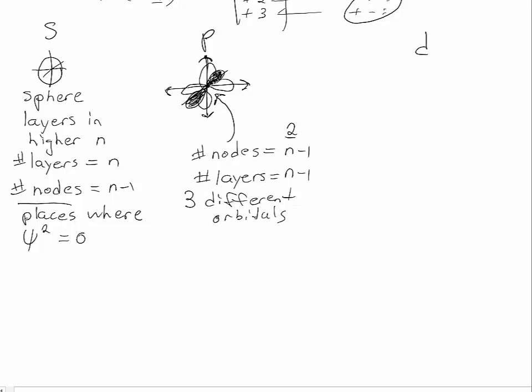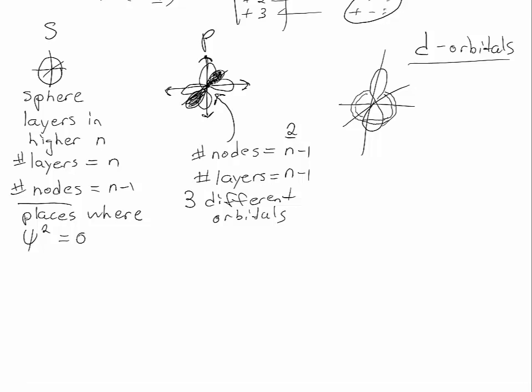D orbitals start to have funkier shapes. There is one d orbital that is still pointing up and down the one axis, but there's this little extra ring of electrons, I should draw that forward there, that goes around the middle of the orbital, and I'm exaggerating this a little bit.